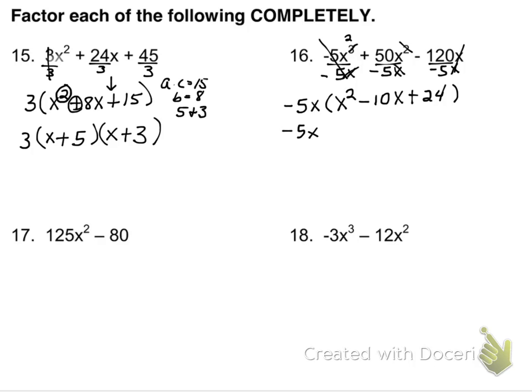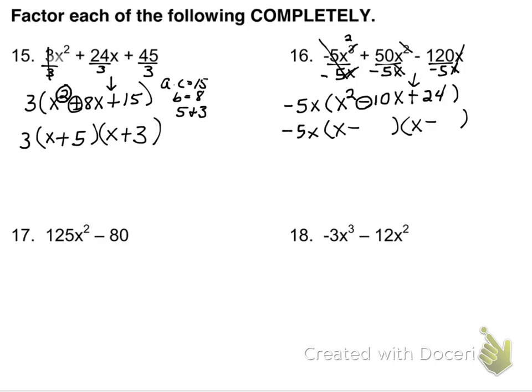So let's think about what we have here. We're going to try to get it into two linear factors, which means we'd have x and we'd have x. First sign is plus, that means the signs are the same. We have a minus here, so that means that both the factors are minus. So now, two numbers that multiply to be 24 and add to be 10.